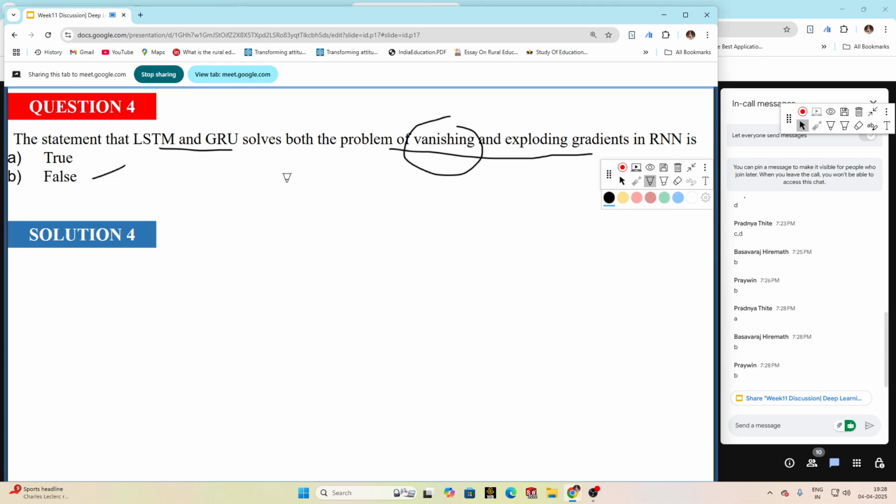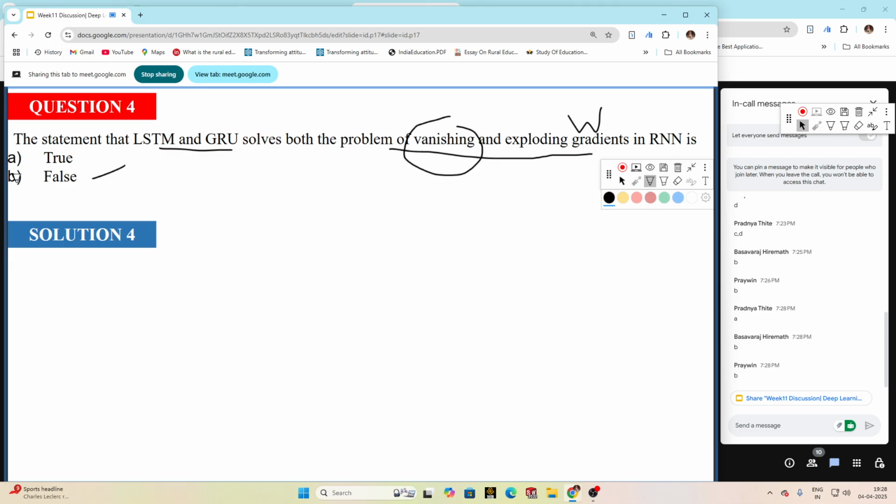Explicit is the same, but the implicit term we are reducing, so that is why it will solve the problem of vanishing gradient. Exploding gradient is always related to W, that is the parameter associated with the hidden state. So exploding gradient will fully depend on W, and W remains constant for RNN as well as LSTM and GRU. That is why we cannot say anything about the exploding gradient, but LSTM and GRU will solve the problem of vanishing gradient.